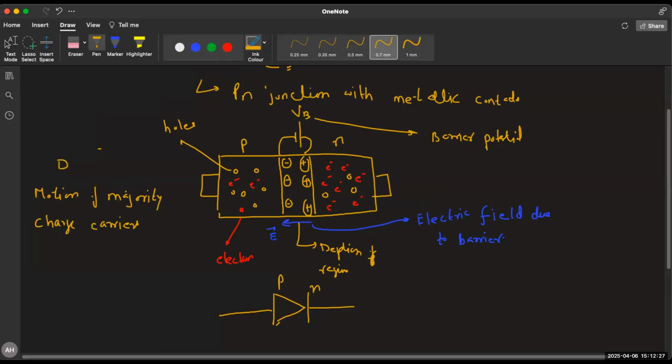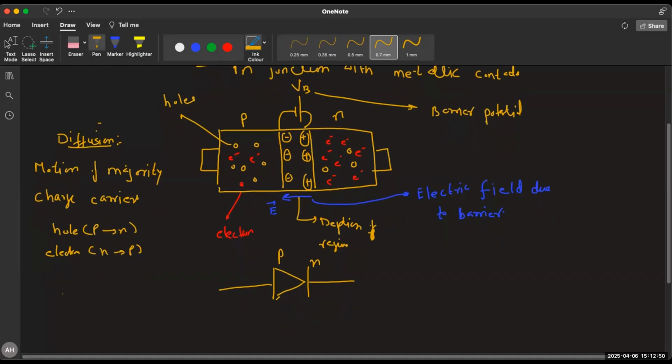This motion is known as diffusion. Diffusion is the motion of majority charge carriers. So diffusion will include the motion of holes from P to N and motion of electrons from N to P. This motion of majority charge carriers is known as diffusion.